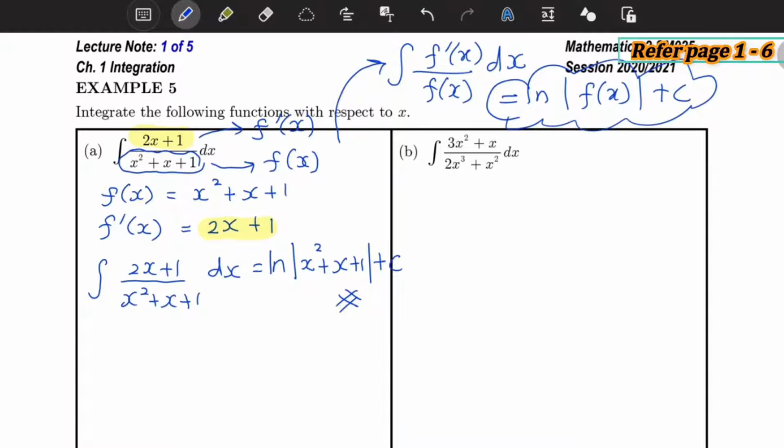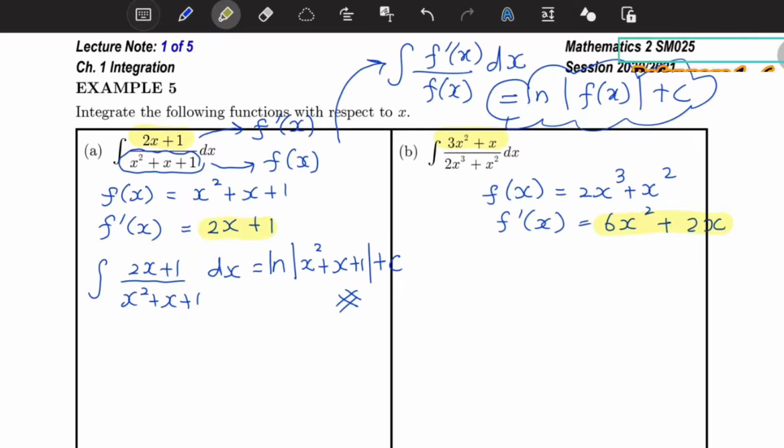And part B, we let fx, the denominator, be 2x cubed plus x squared. And f prime x equals 6x squared plus 2x. But the numerator is 3x squared plus x, which is half of the derivative.